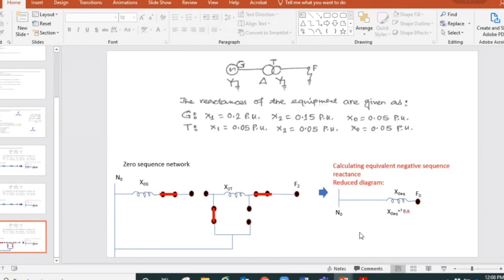When we calculate the equivalent reactance, we must remember that it is always in between the neutral bus and the fault point. Equivalent reactance is in between the neutral bus and the fault point. So what is the equivalent reactance here between the neutral bus N0 and, sorry, this has to be F2. Sorry, this has to be F0, not F2.